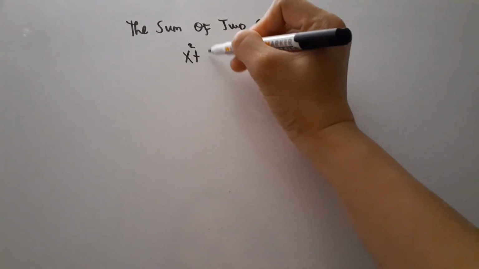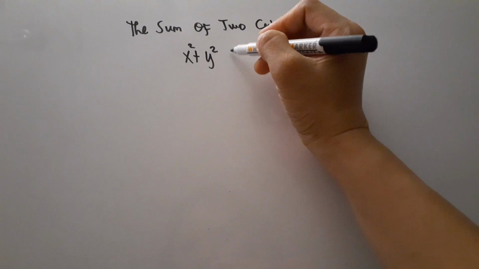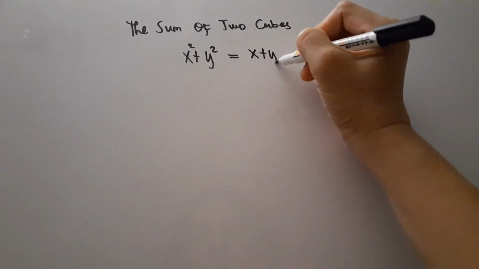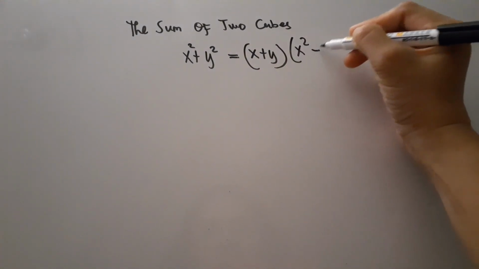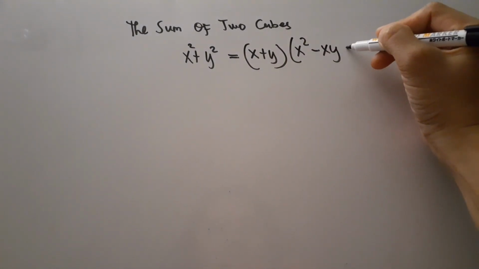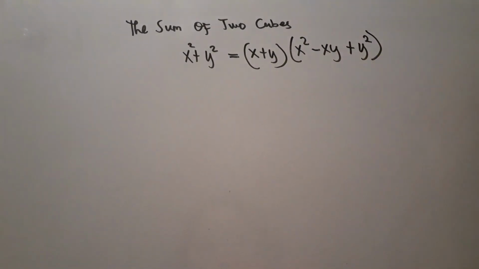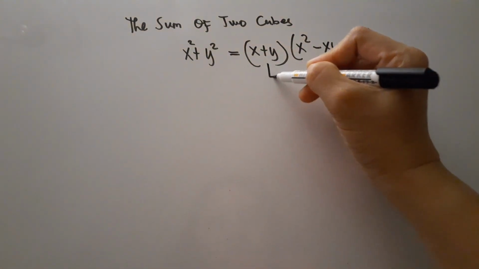Since we already finished the difference of two cubes, let's tackle the sum of two cubes. Let's see, x cubed positive y cubed is equal to x positive y, x squared negative xy positive y squared. Remember the signs. We apply the negative sign in the trinomial, which is in the middle term.